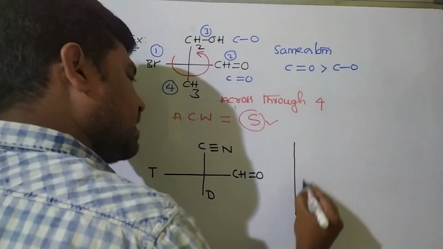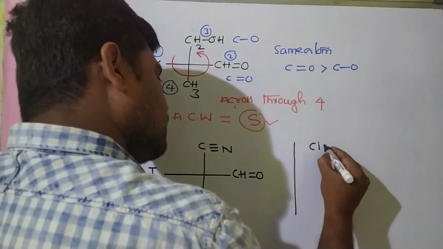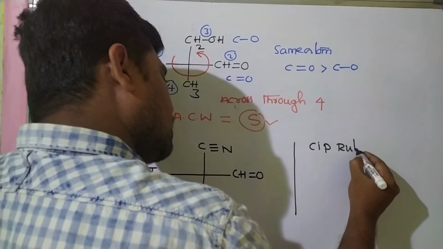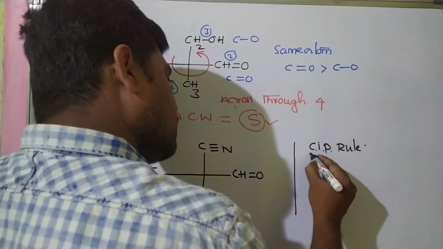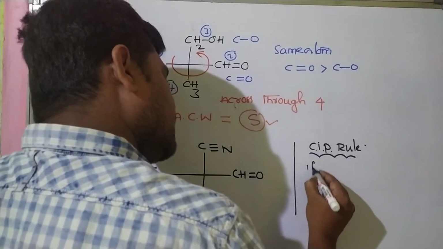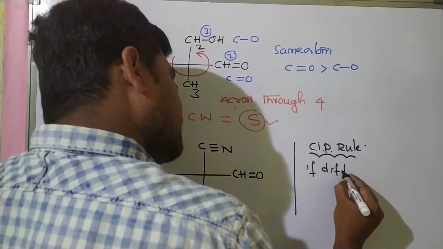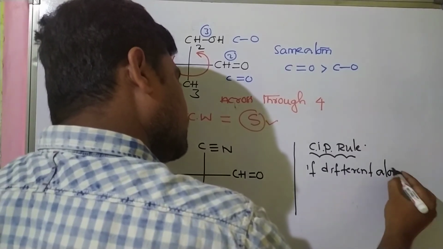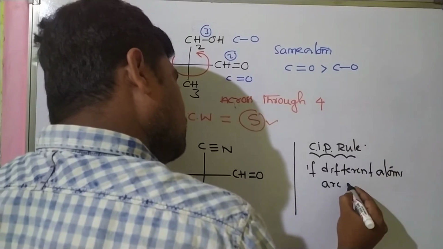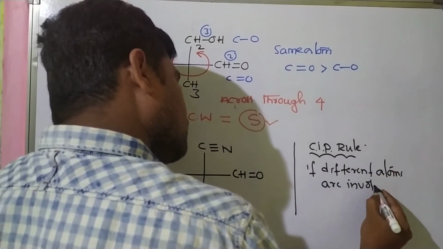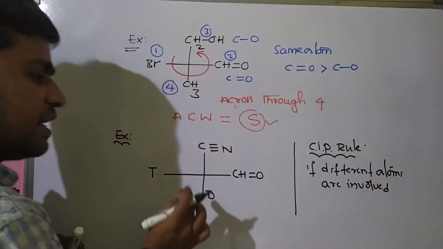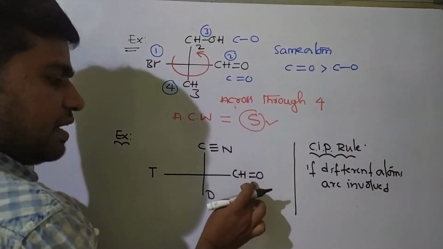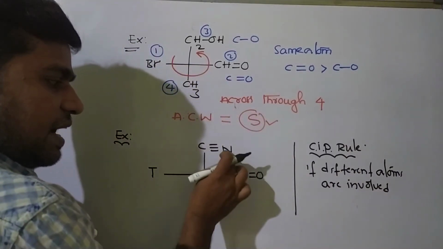CIP rules. Once again, I repeat the CIP rule, the Cahn-Ingold-Prelog rule. If different atoms are involved, then see, students, here triple bond, this is double bond, but the atoms are different.